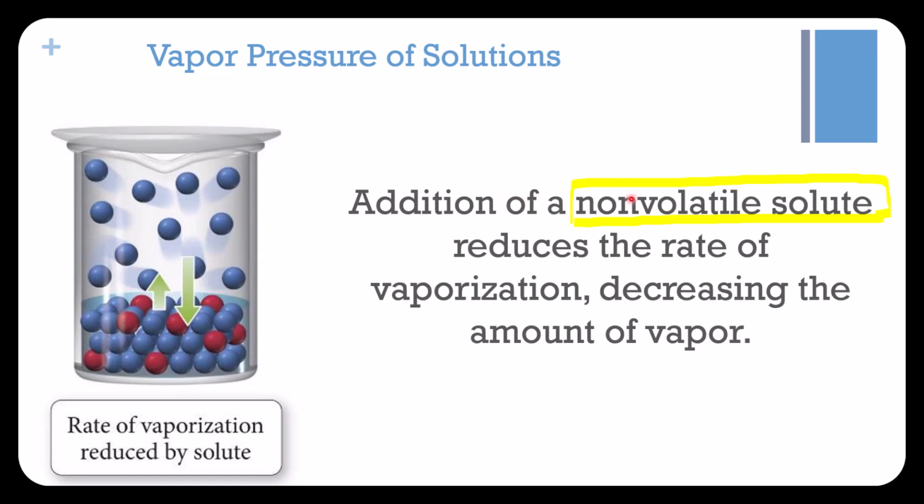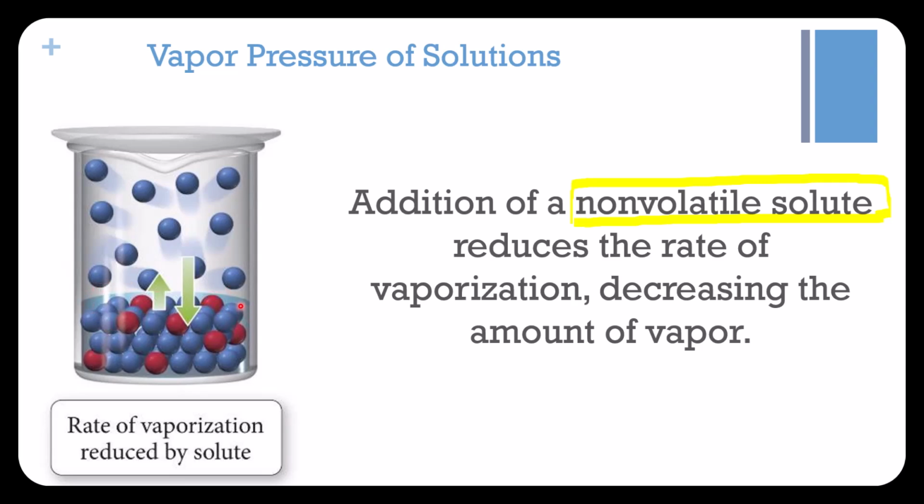So the addition of a non-volatile solute, so mixing something in there, it's not a pure substance, will reduce the rate of vaporization, decreasing that amount of vapor. So when we put this non-volatile solute into our pure substance, so now we put salt in our water, what happens is those sodium chloride particles are now going to be competing for space at the surface.